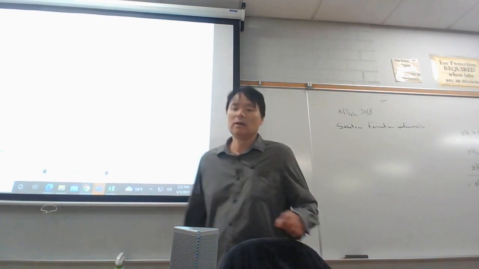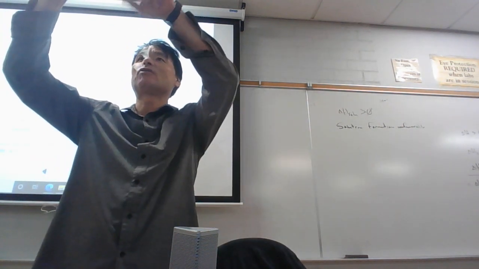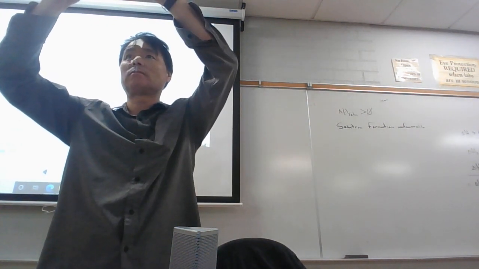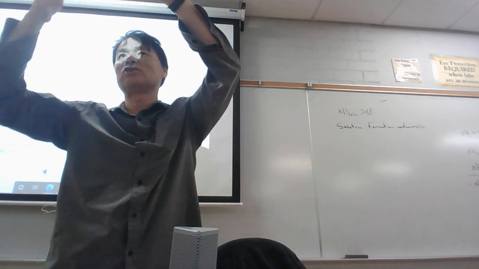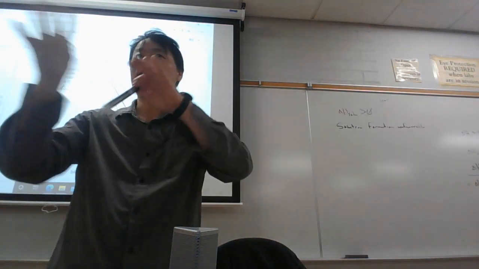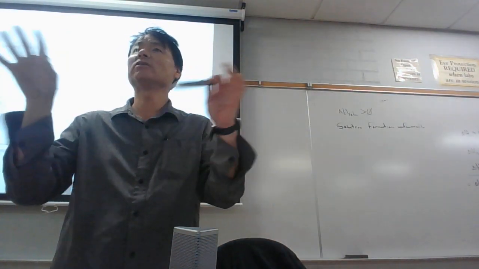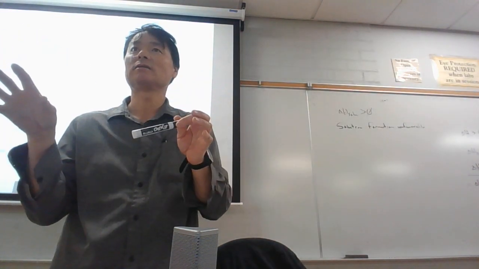For example, we could have a pen up here. This would be called gravitational potential energy. Let's say we have 100 joules of gravitational potential energy. Or we could have heat. Heat would just be these vibrations, and we could have 100 joules worth of heat.